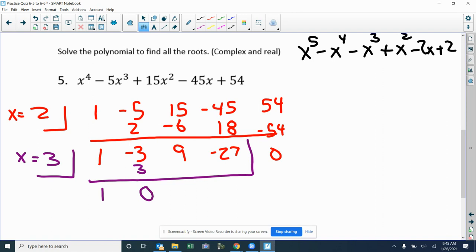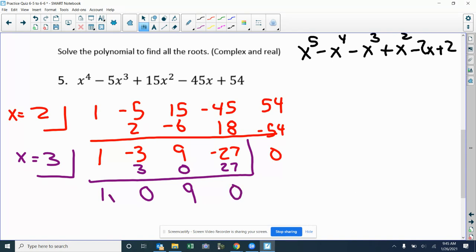Got a 0 for that middle term. Something's not right. I don't think 3's going to work, did it? Or where did I go wrong? 0 times 3. Oh, yeah, 0. Thanks. Had a little brain fart there. That would be 27. Give me 0.